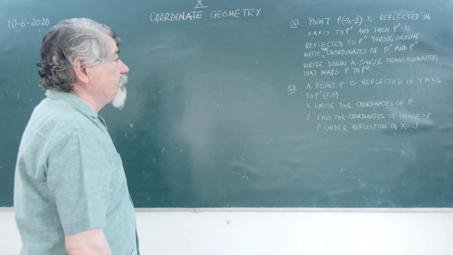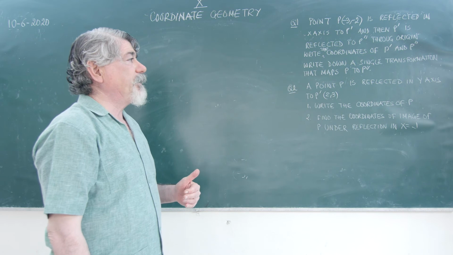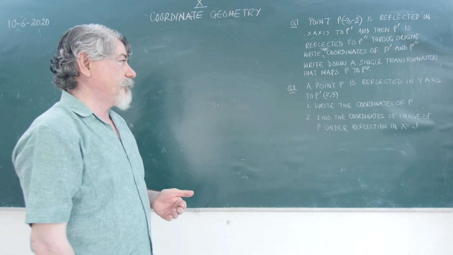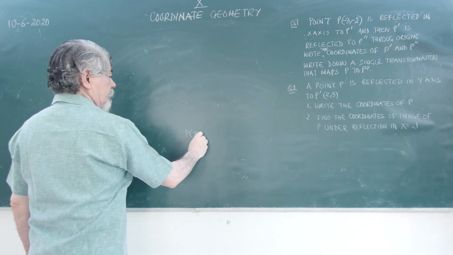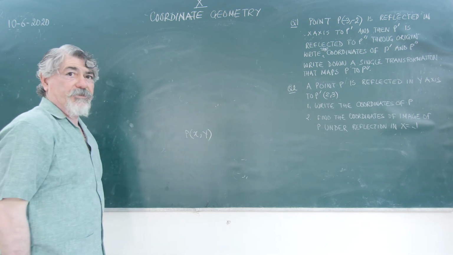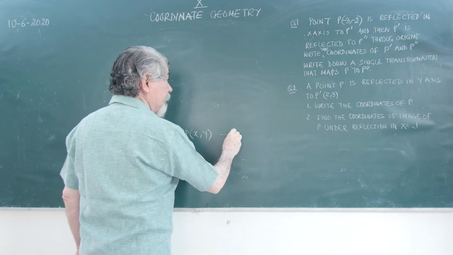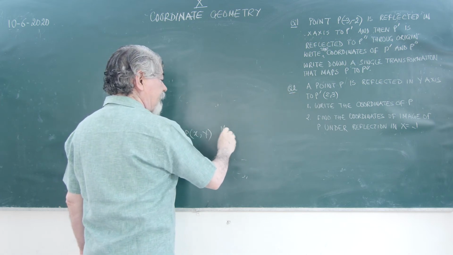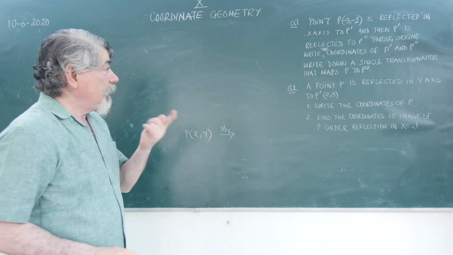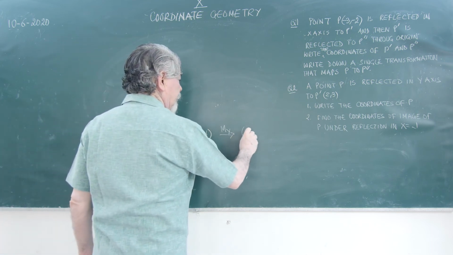In the second question I have a point P (x, y), which is reflected in y-axis. So if it is reflected in y-axis, I am getting the point (2, 3).